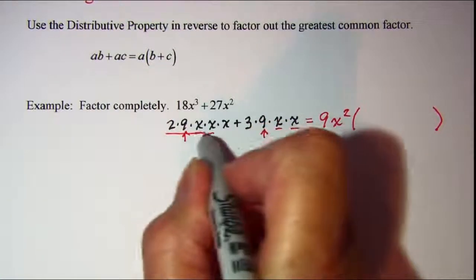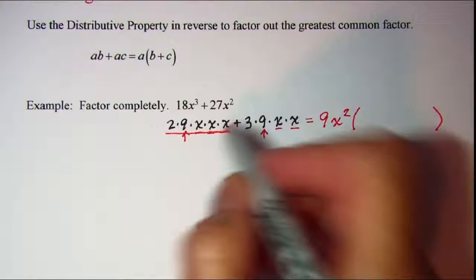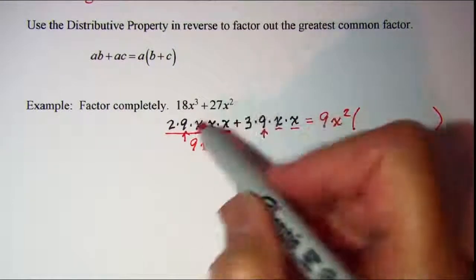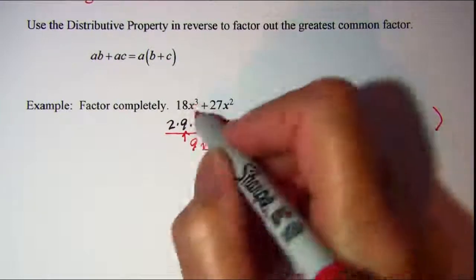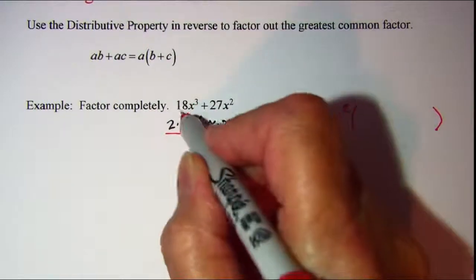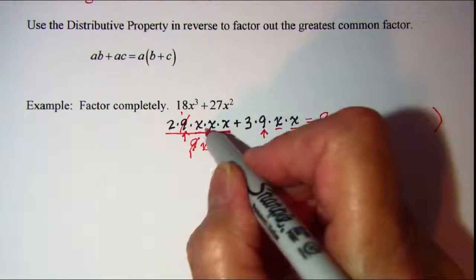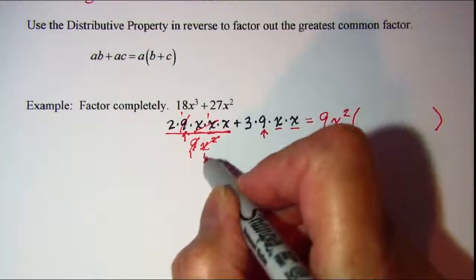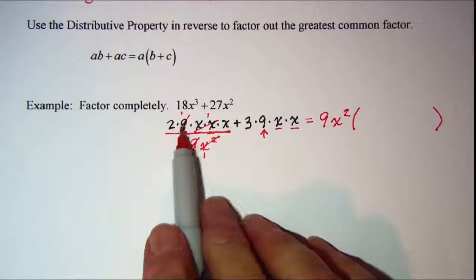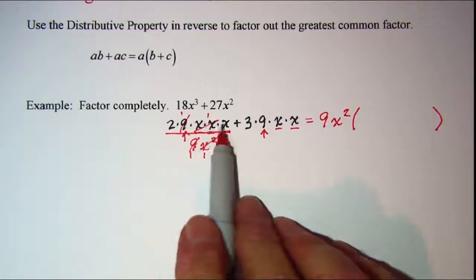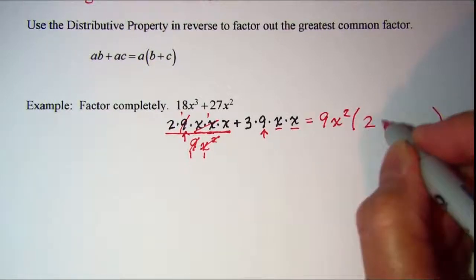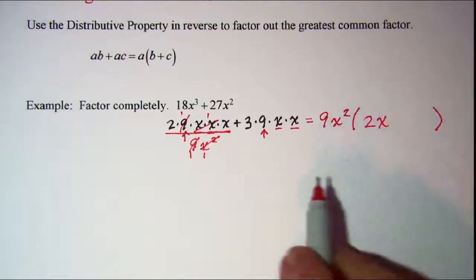So if I take this first term and divide it by 9x squared, I can see that 9 over 9 is 1, and I can see x squared over x squared is also 1. So what's left is 2 times x over 1, which I'll just write as 2x.